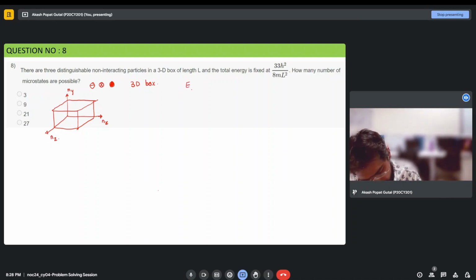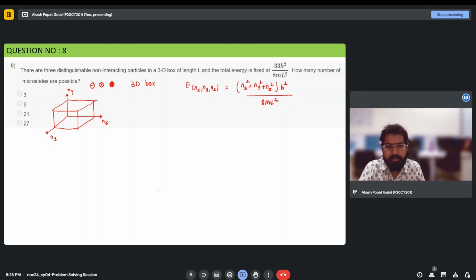The energy expression depends upon nx, ny, and nz, which is nx square plus ny square plus nz square into h square divided by 8 m L square.